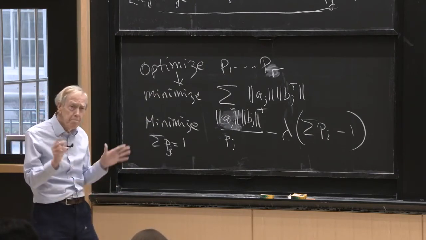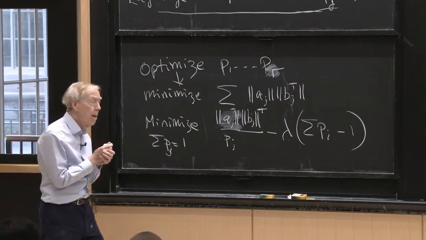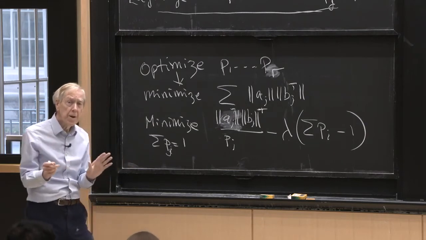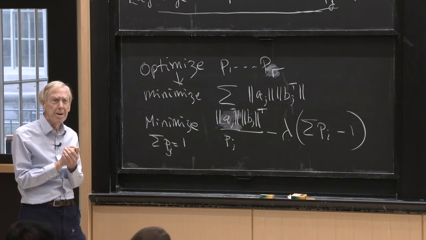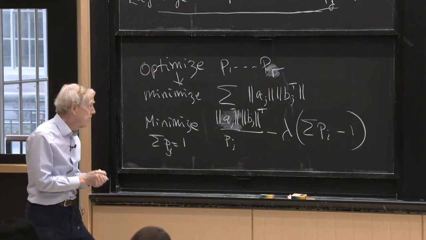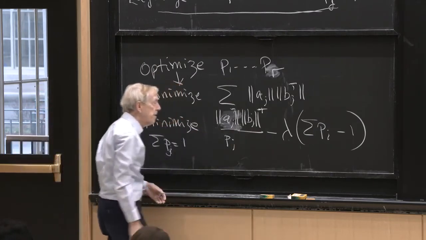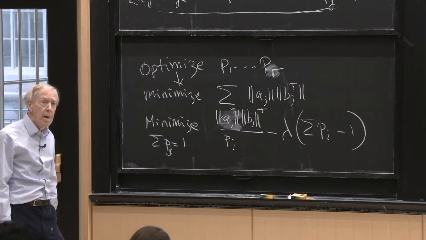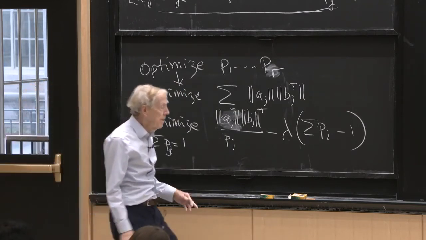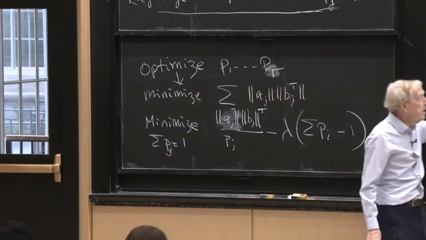It's like a miracle. But if you've seen Lagrange, it's a confusing miracle. That's what it is. Okay. So if I take the derivatives with respect to the p's, set them to 0, I think I'm going to get the recommended p's.